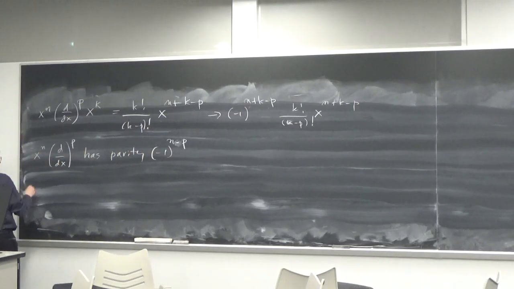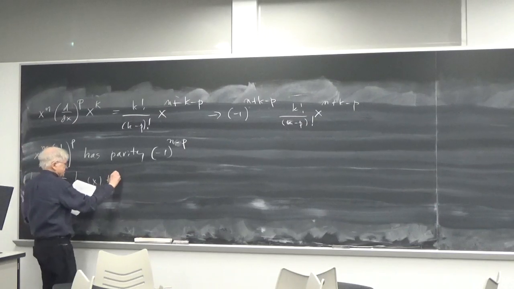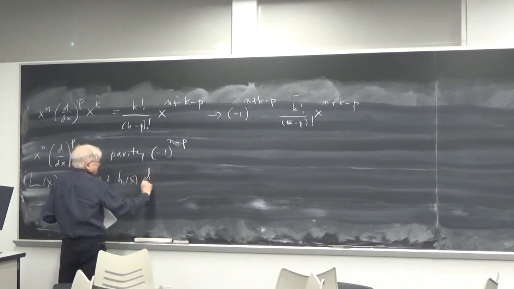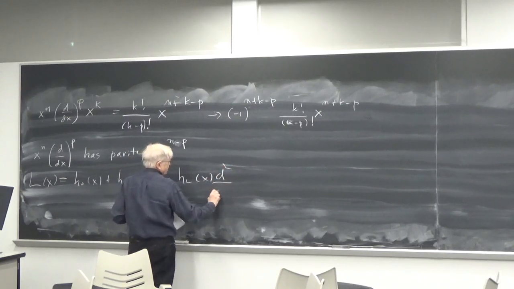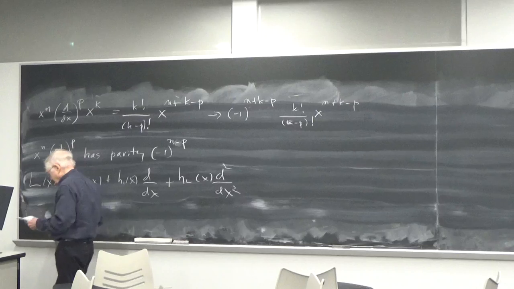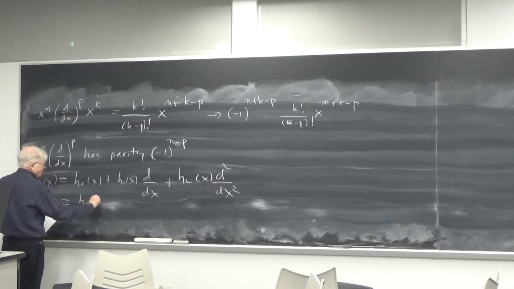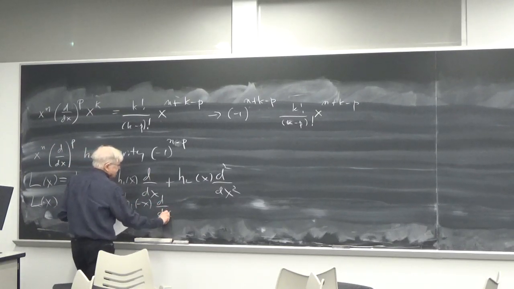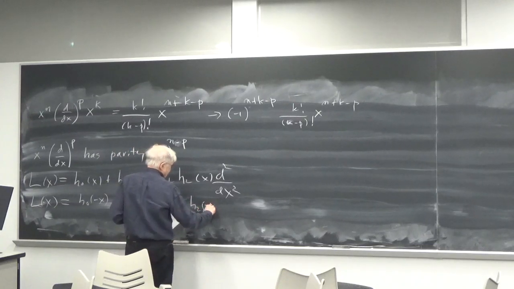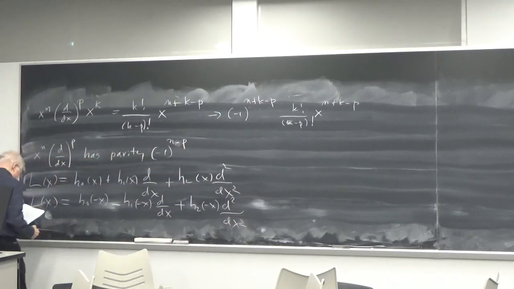And so, if you have a differential operator like L of x equals h0 of x plus h1 of x times d by dx plus h2 of x d2 dx squared, then if we do a reflection on that, we get L of minus x is going to be h0 of minus x minus h1 of minus x d by dx plus h2 of minus x d2 dx squared, using this rule here.